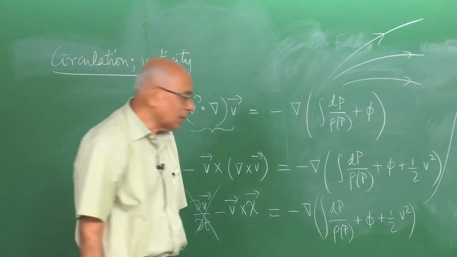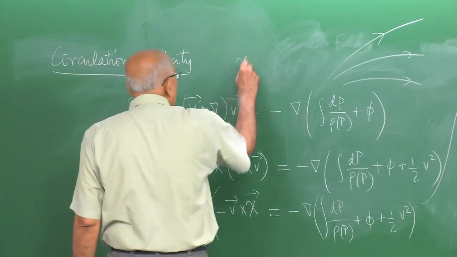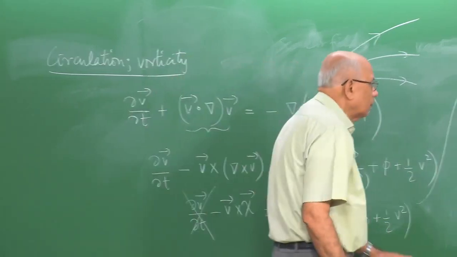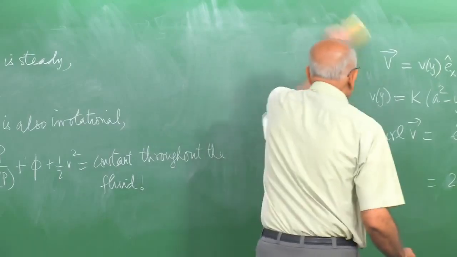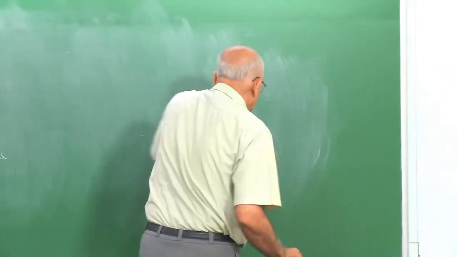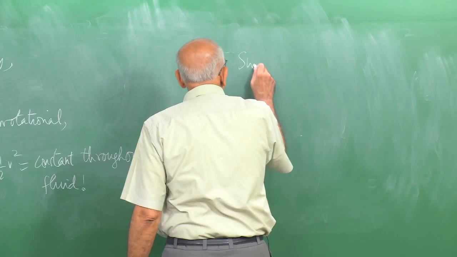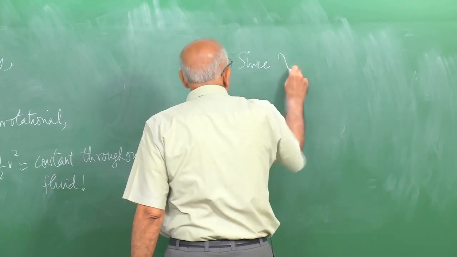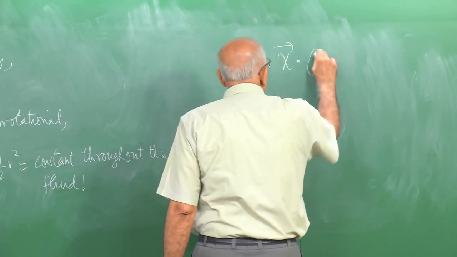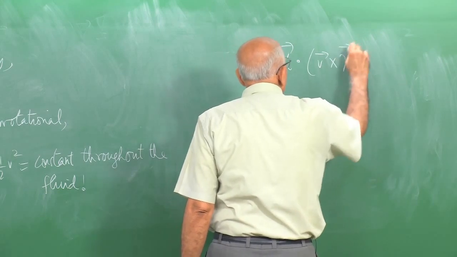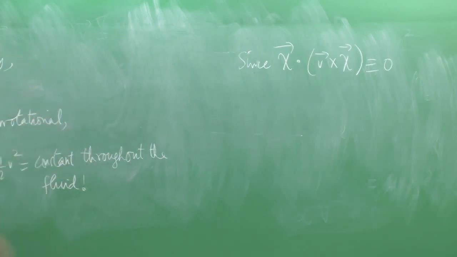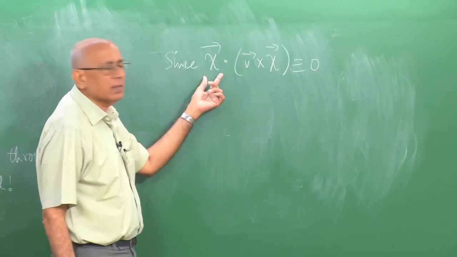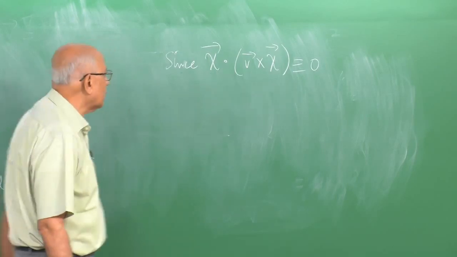Now, if I dotted it with chi, then since chi dot V cross chi is identically 0, the scalar triple product is identically 0 because V cross chi locally is perpendicular to chi and this is the component along chi, so this dot product is 0.